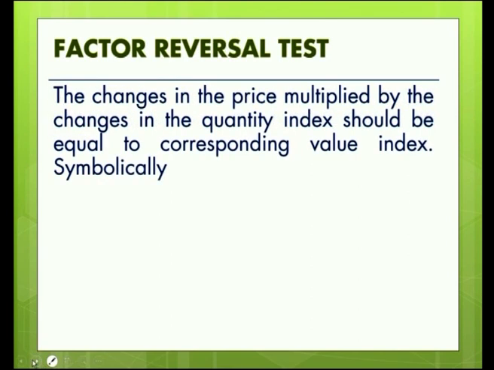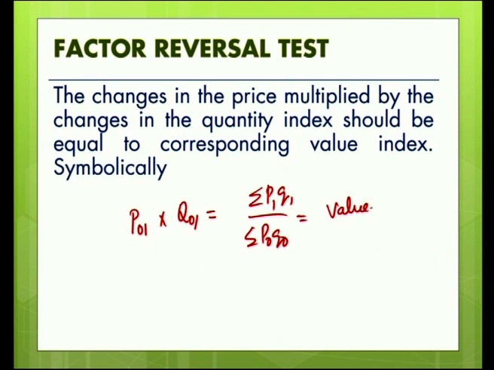The next test is the factor reversal test. The change in the price index multiplied by the change in the quantity index should be equal to the value index. That is what the factor reversal test says. Symbolically, we write P01 into Q01 is equal to summation P1 Q1 by summation P0 Q0, which is the value index.